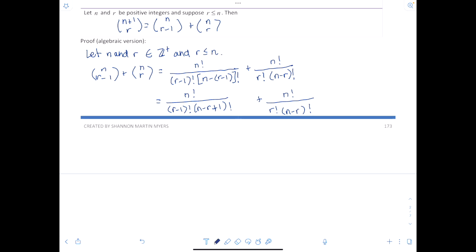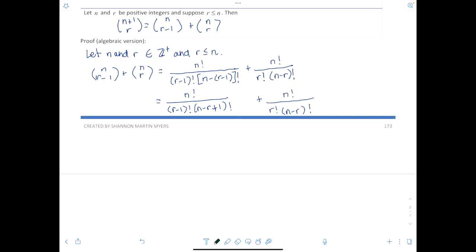So if we multiply, the first one is missing a factor of what? So if we wanted to match, which one is bigger, r minus 1 factorial, remember these are all products, or r factorial?